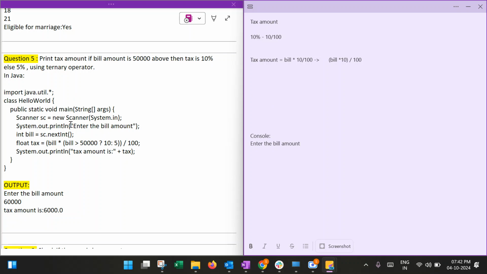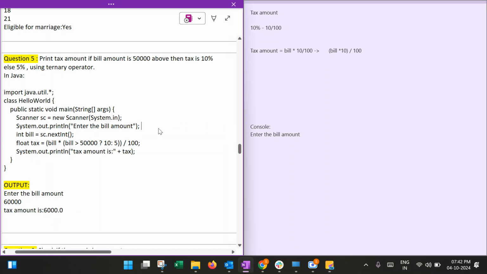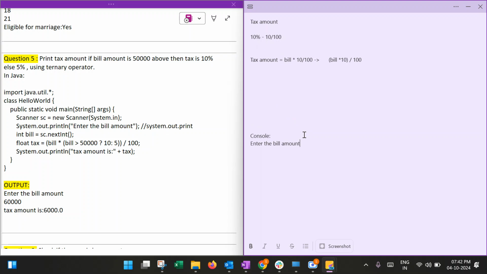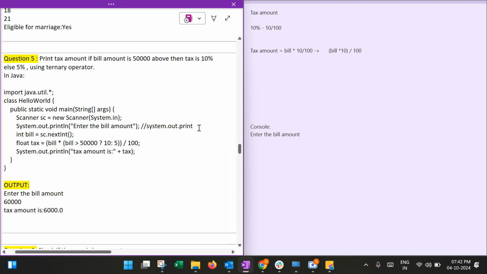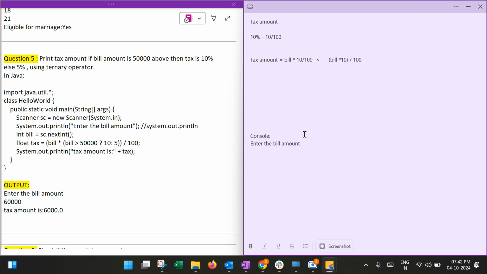Okay, this statement will print, and as it is println, if I wrote System.out.print like this, then it will put the cursor next to this amount word. But I am writing System.out.println, so it will put the cursor in the next line.